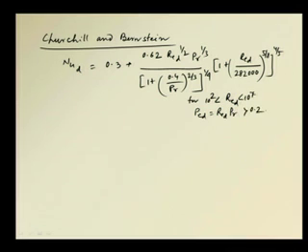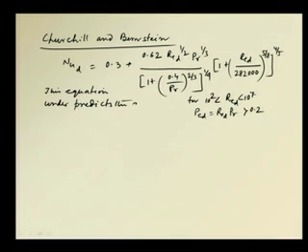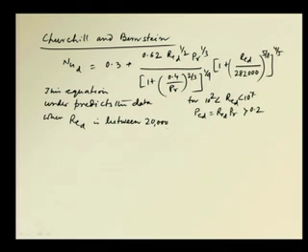Under that situation this equation applies, and it underpredicts the data when Re_D is between 20,000 and 4 lakhs.